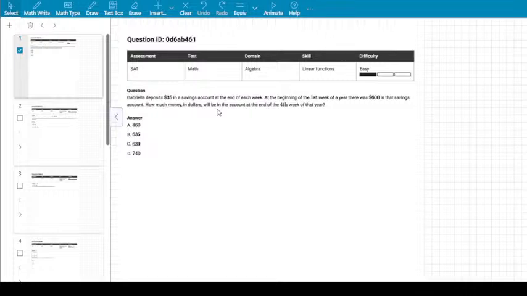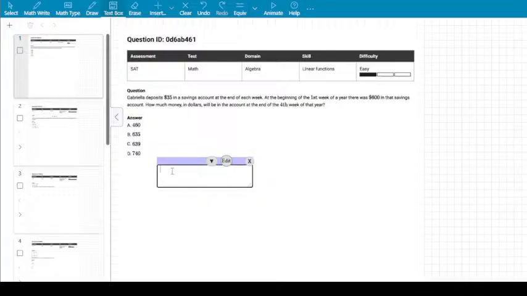So this is a simple addition problem. Every week $35 gets added to the account balance. Since 4 weeks have passed, we'll have 4 times 35 dollars added to the account balance. So let us write that down.